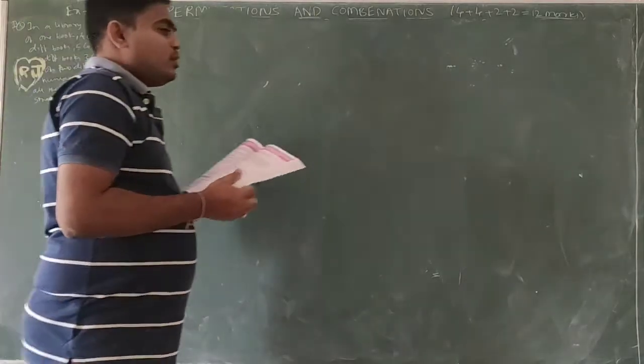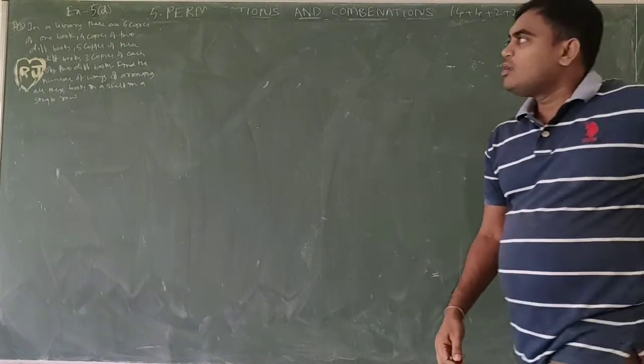Okay, so this is the question. So in a library, 6 copies of one book, 4 copies of 2 different books, 5 copies of 3 different books, 3 copies of each of 2 different books. So total books we need to arrange. Okay. Solution.